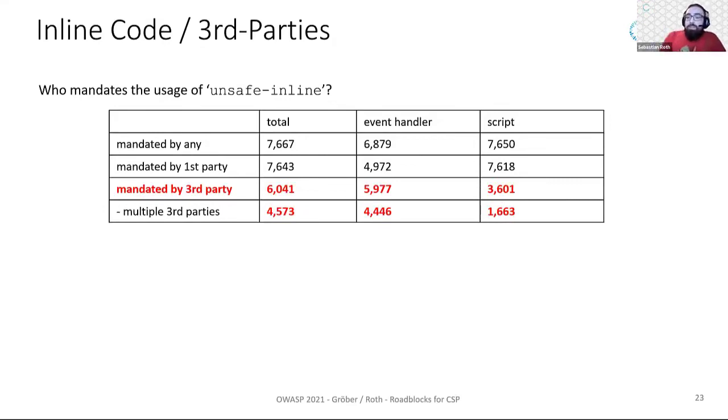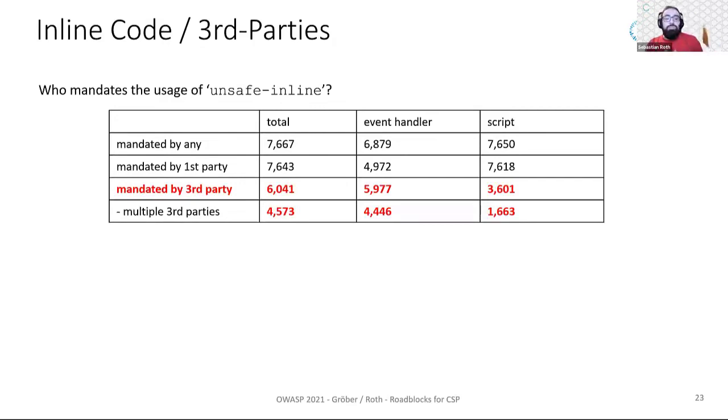They mandate it either because they are using inline scripts, which could in theory be allowed via propagating nonces to those scripts. But more severe, many third parties are using inline event handlers, which cannot be nonced and therefore require unsafe inline to be executed.